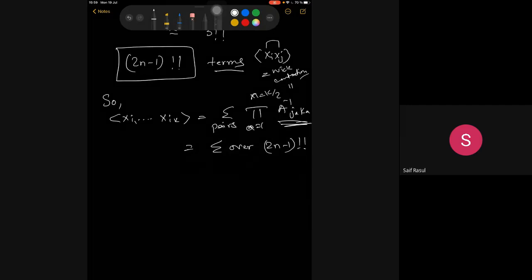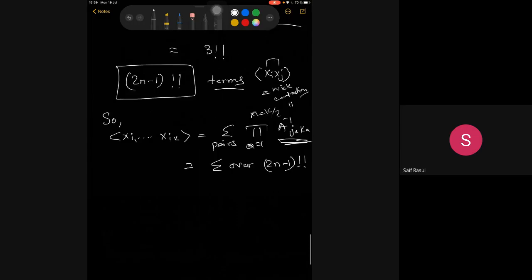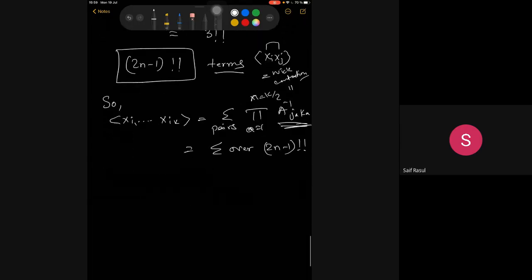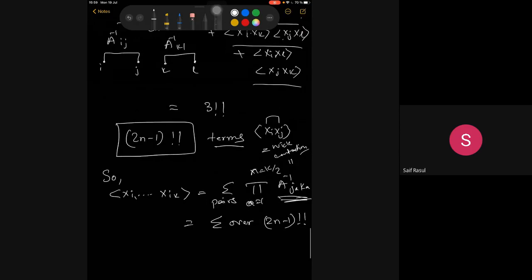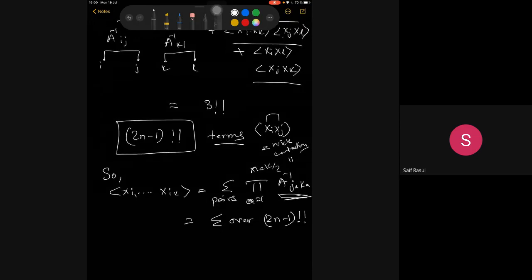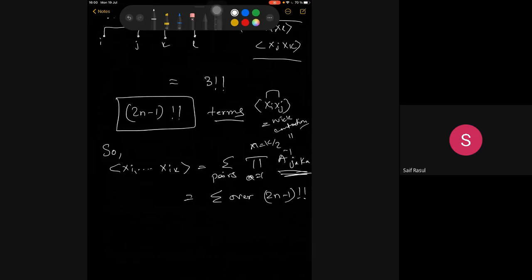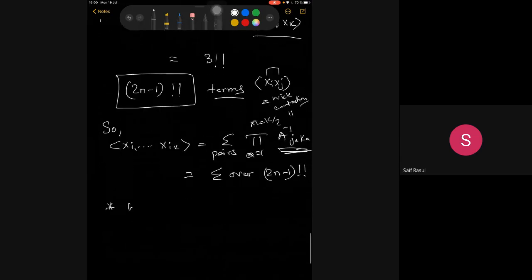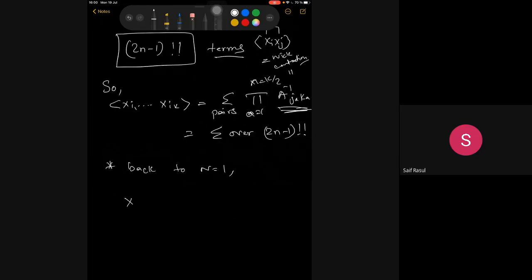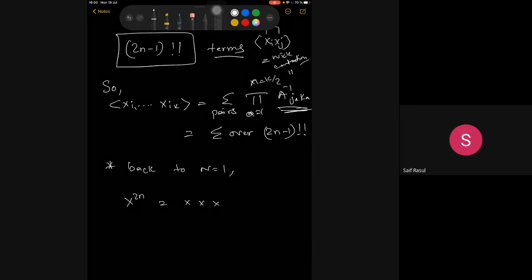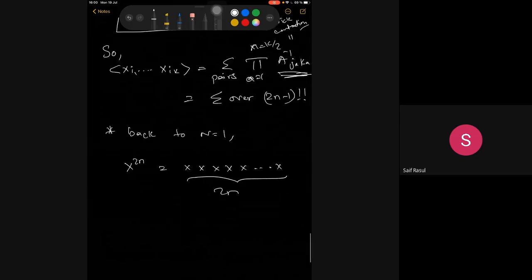So this might seem a bit confusing. Let's try to understand it for the n equal to 1 scenario, where we don't have matrices, we just have single variables. So what does x^2n mean? We just have 2n of these x's, x connecting to x and so on.